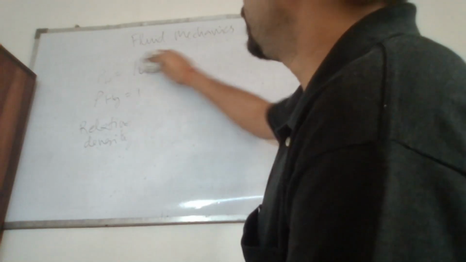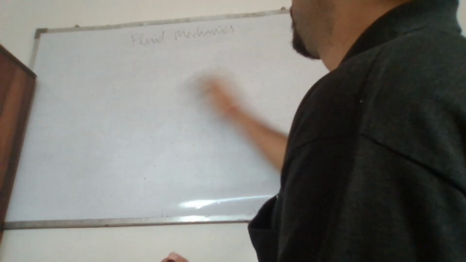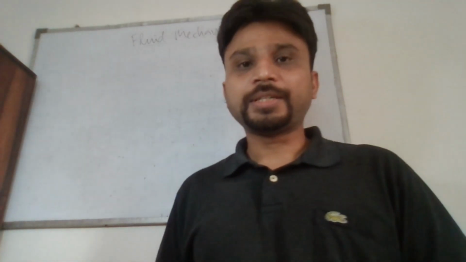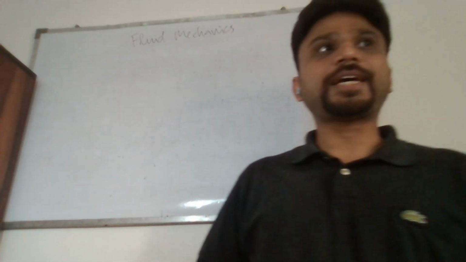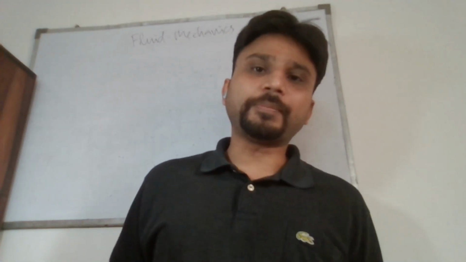Next, we want to define something called pressure. So what is pressure? Pressure is something which acts on some particular surface when we apply some kind of force on it. That means we first need to visualize some kind of surface.